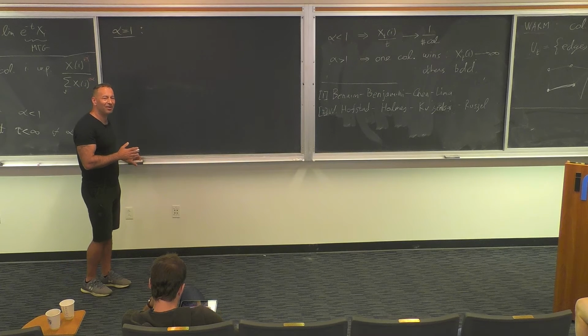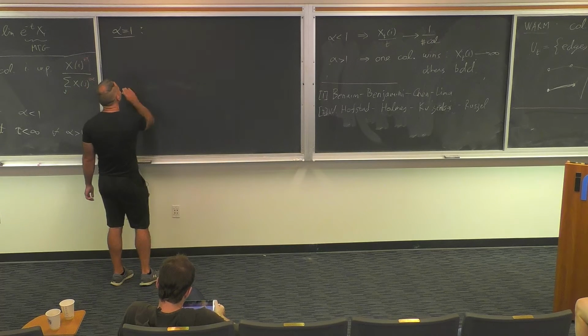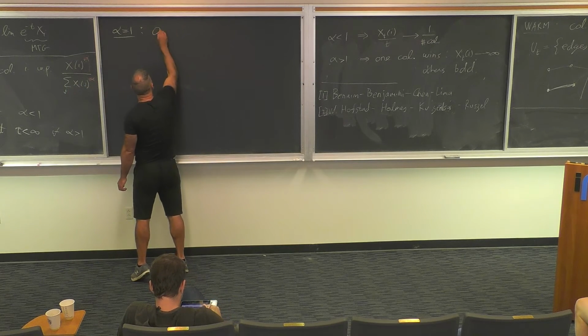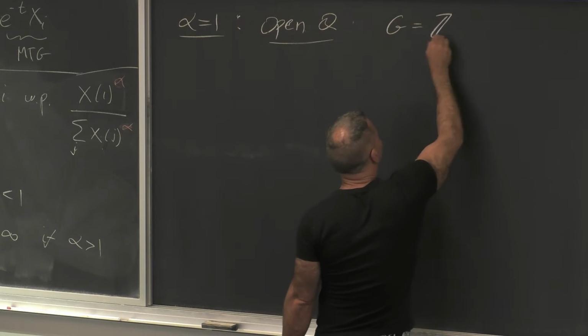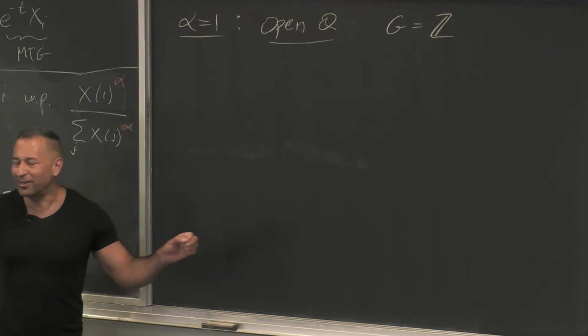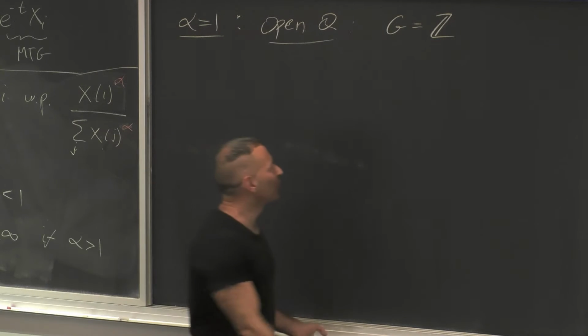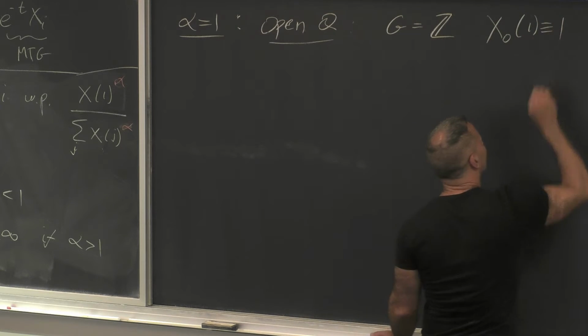But let me maybe mention one of the open problems here that I like. Suppose the graph is just the infinite line. So you have the infinite line, and suppose that initially at time 0, x_0 of i is all 1.